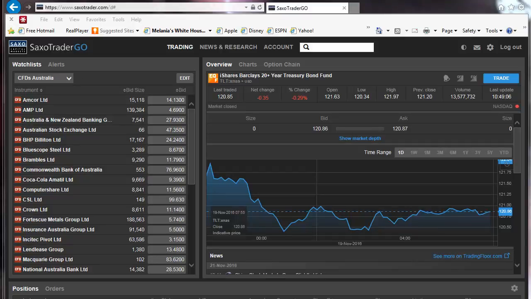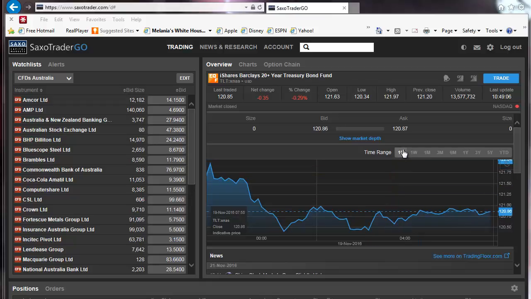Now, to do this, I'm actually going to step across to my trading platform. My trading platform is at Saxo Capital Markets, and it gives me a wide range of instruments that I invest in. And I'm going to start this with the fund called TLT, which tracks the 20-plus year Treasury bond fund.